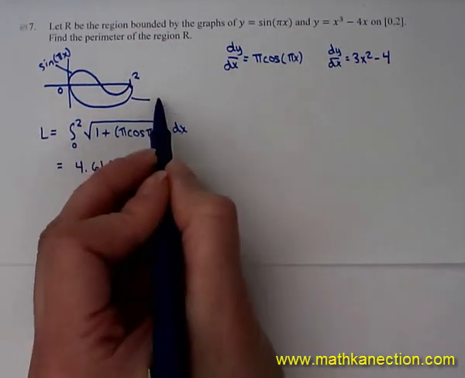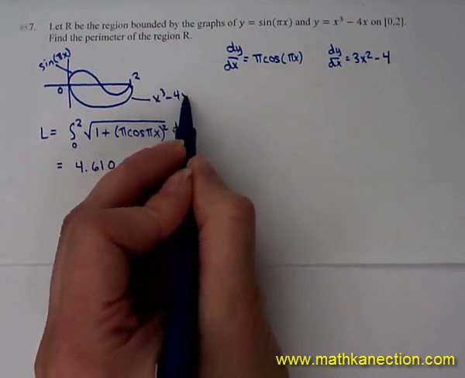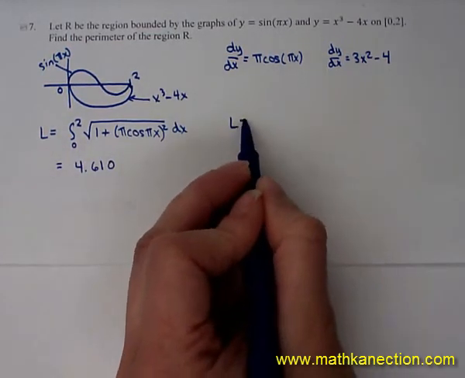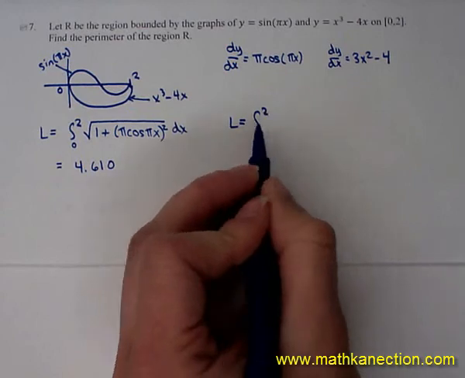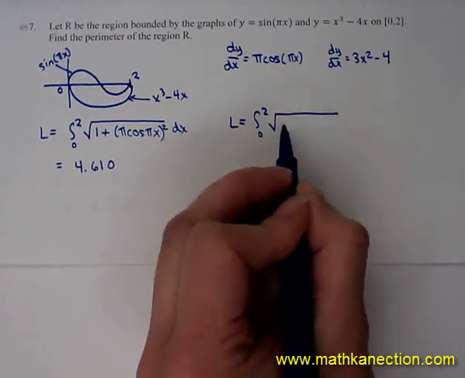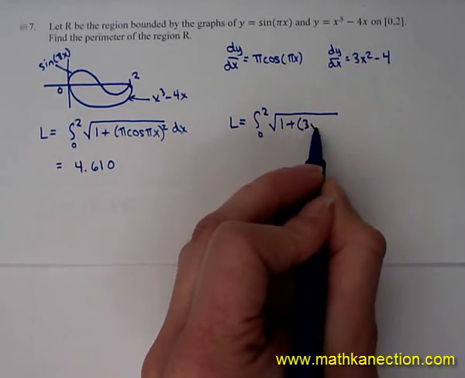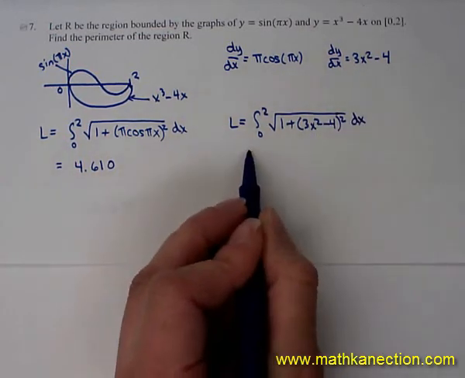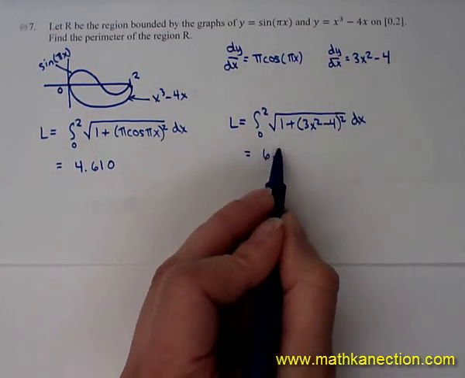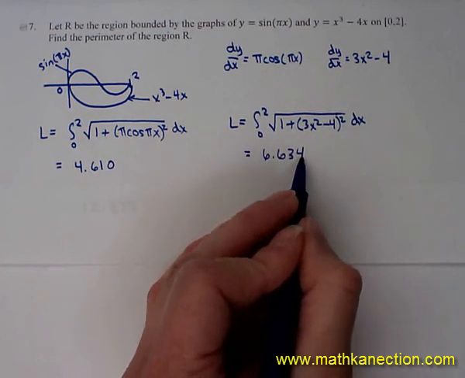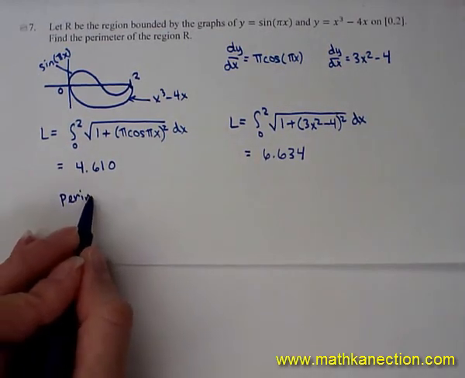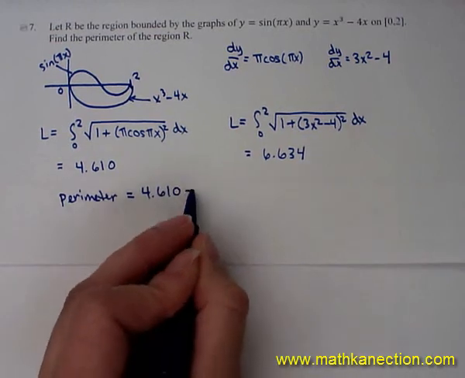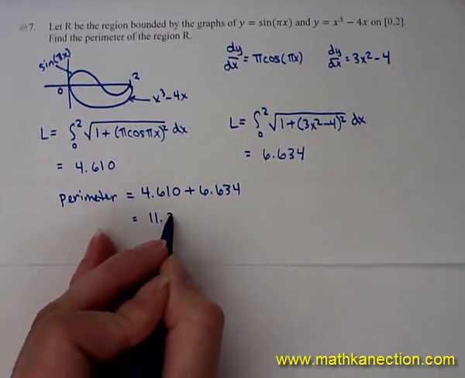Then to get the length of the curve of the other function, x to the third minus 4x, doing the integral from 0 to 2, the square root of 1 plus (3x squared minus 4) quantity squared. Again, using the calculator to get 6.634. And then to calculate the perimeter, just adding up those two lengths of the curves to get the final answer of 11.244.